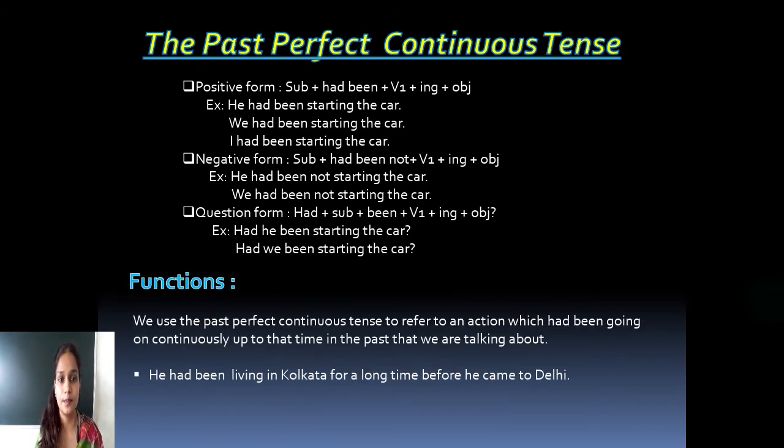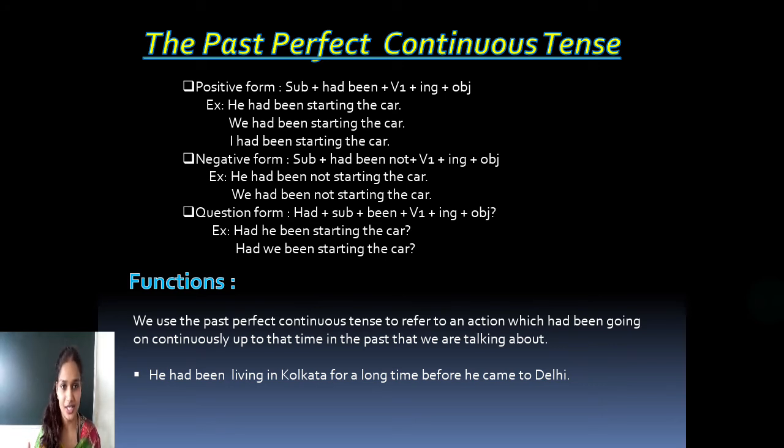Now the past perfect continuous tense. How do we make a sentence in past perfect continuous tense? Positive form: subject at the starting, plus had been as auxiliary, plus verb first form plus ing, plus object. Like he had been starting the car.